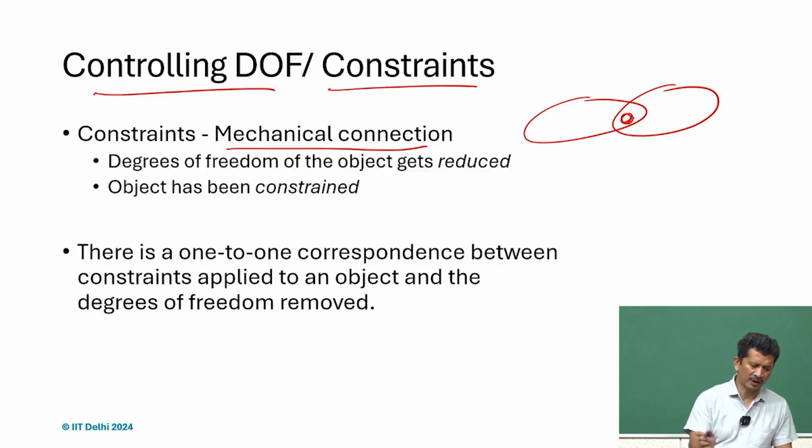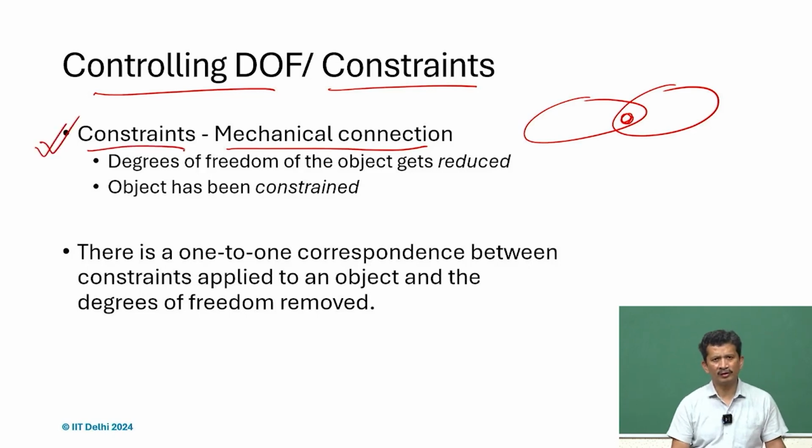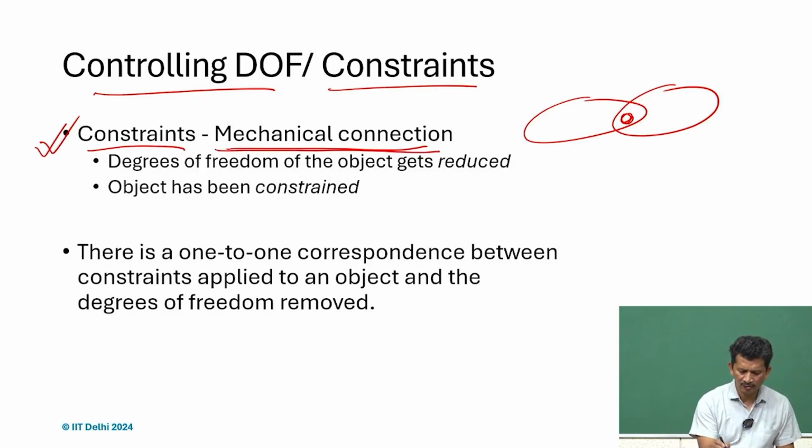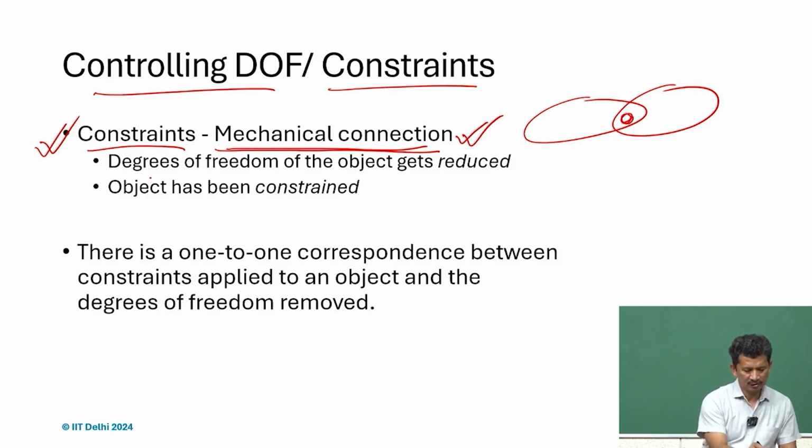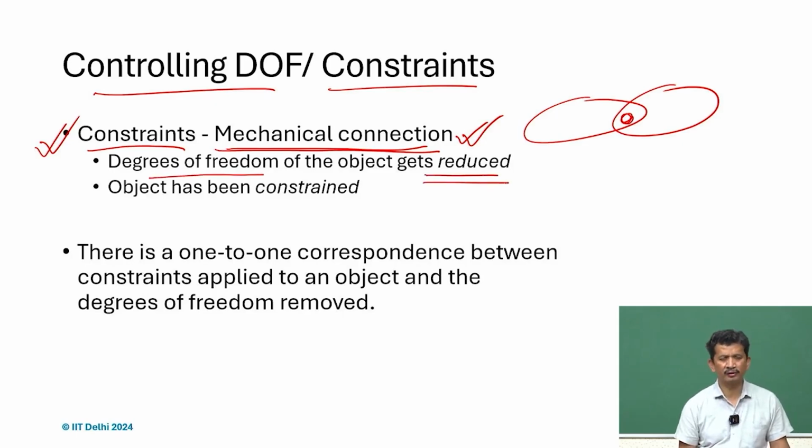So, what we are saying is that if you apply constraints, which is usually done by making different kinds of mechanical connections, the degrees of freedom of the object will get reduced.